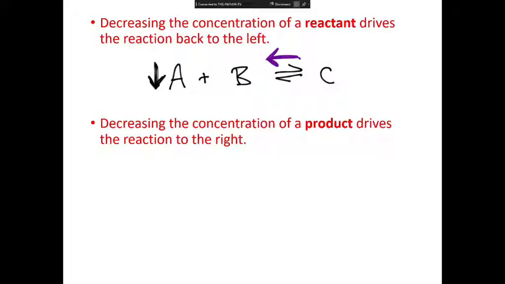And then the last sentence is how a lot of reactions might be driven forward. Decreasing the concentration of a product drives the reaction forward or to the right. So as the reaction proceeds, if you can pump some of the product out of the system, that's really good because that can help drive that reaction forward.